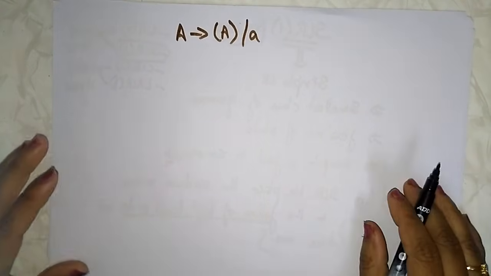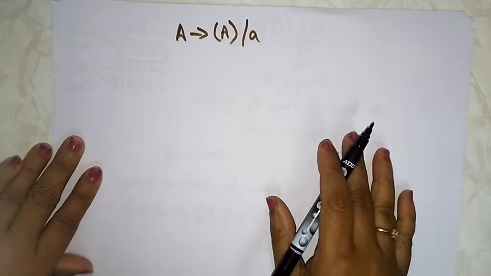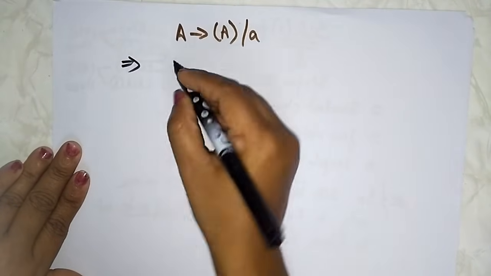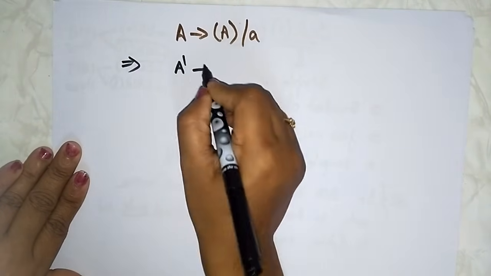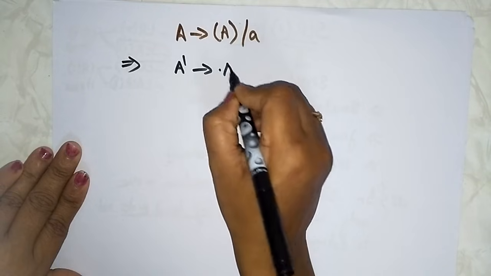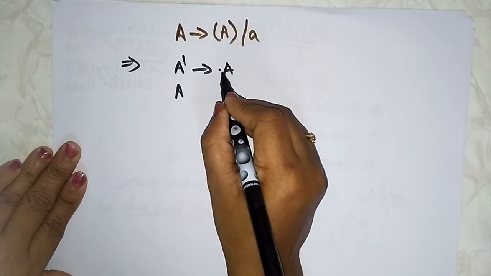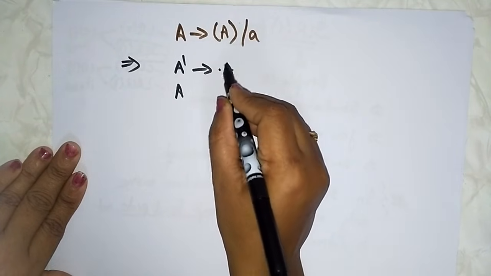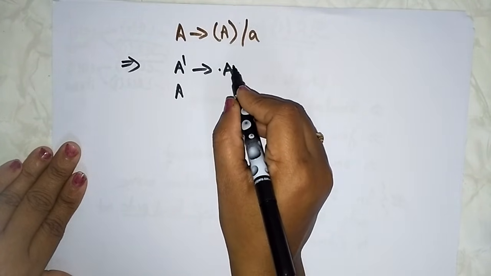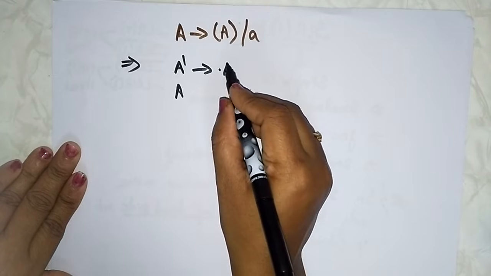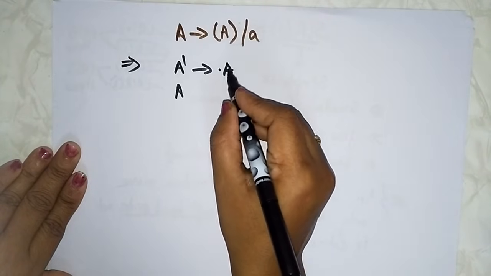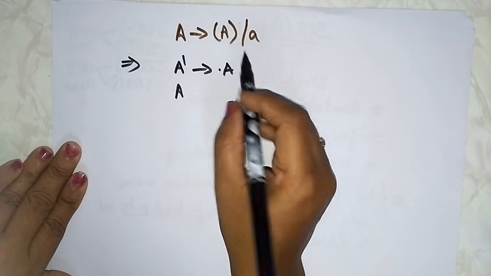Let me write the augmented grammar and the LR(0) items. The augmented grammar is A' determines dot A. Whenever there is a non-terminal after the dot, you need to write all the productions of that non-terminal.